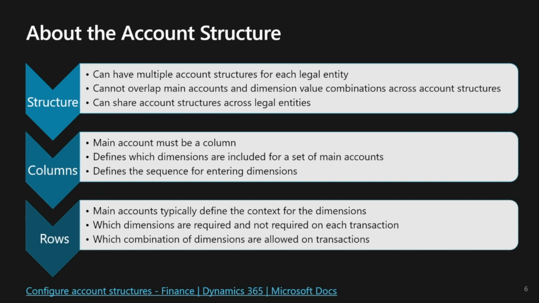Another way to think about this is for a range of main accounts, let's say revenue accounts that start with a 4, must have a business unit. And when business unit 1 is used, only certain cost centers and departments can be used. But when the business unit is 2, a different set of cost centers and departments are allowed.